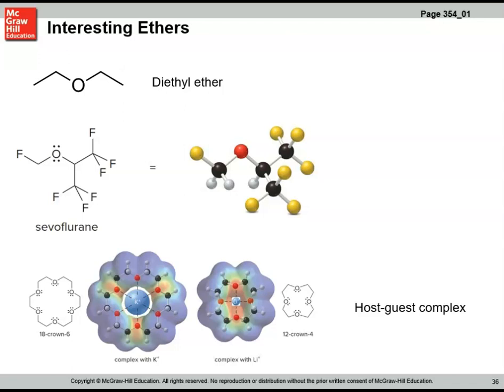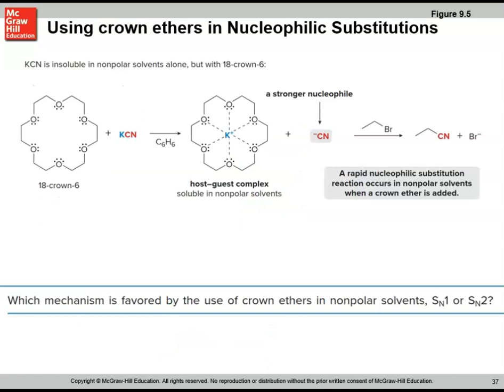and allow for a really great negatively charged nucleophile or base to be floating around in our solution to undergo substitution or elimination reactions. Here is just an example showing potassium cyanide, for example.